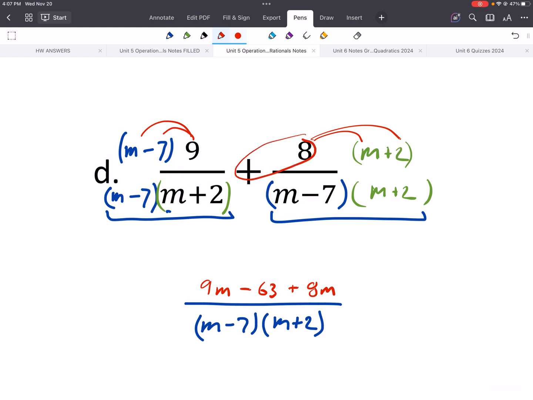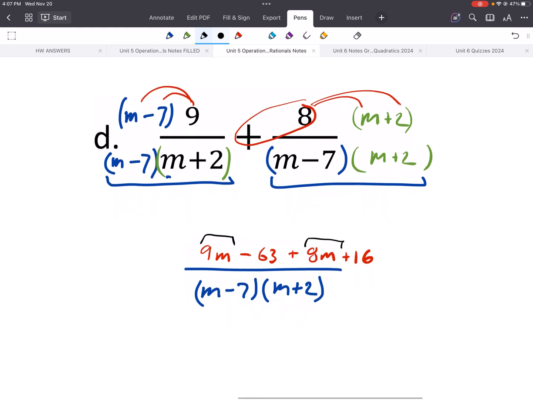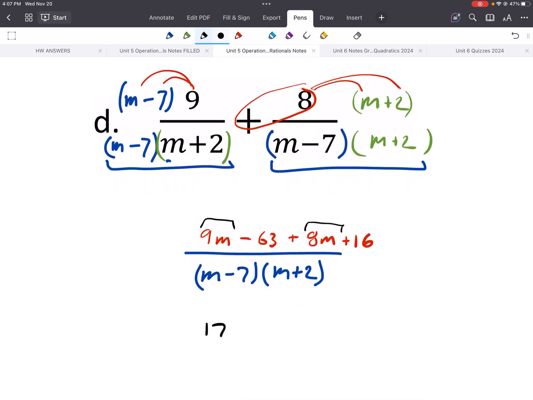So 8m plus 16. Then we just need to combine like terms. So we've got our m terms. So that's 17m. And then we've got our constants. And I think that is negative 47, if I remember, all over m minus 7 and m plus 2.